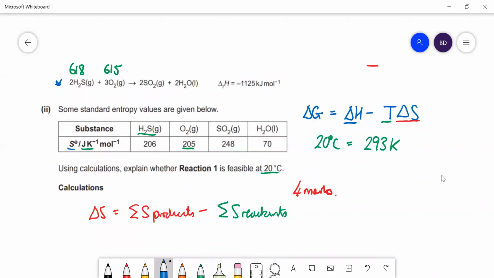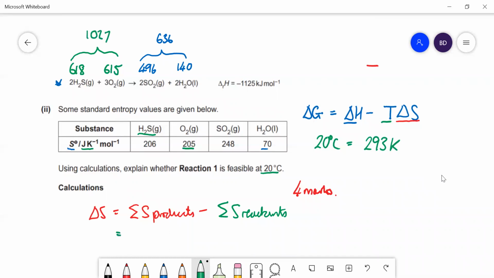The products, well, we're going to have 2 SO2s, so that gives us 496, 2 times 248, that's 496, and 2 for water, that's 2 times 70, that's 140. Okay, so we add that lot up together, that comes to 636. Add these two together, they come to 1027.